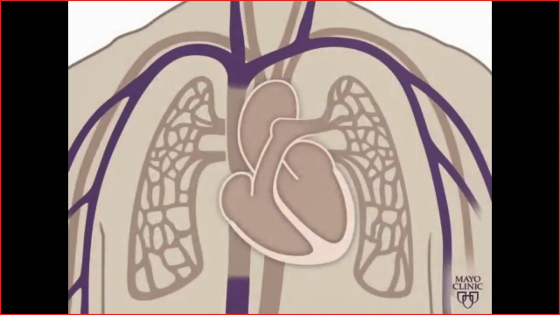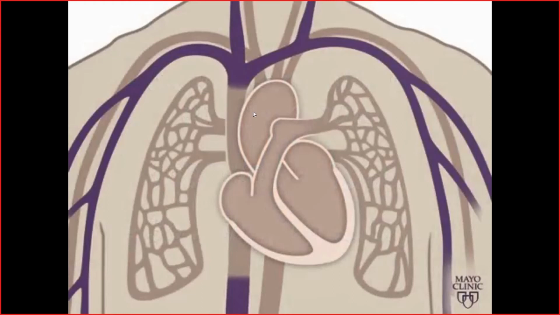oxygen poor blood, which is blood poor of oxygen and has much carbon dioxide. And by the way, all of these veins here with blue color collect the blood from the cells, which use the oxygen and remove the carbon dioxide.